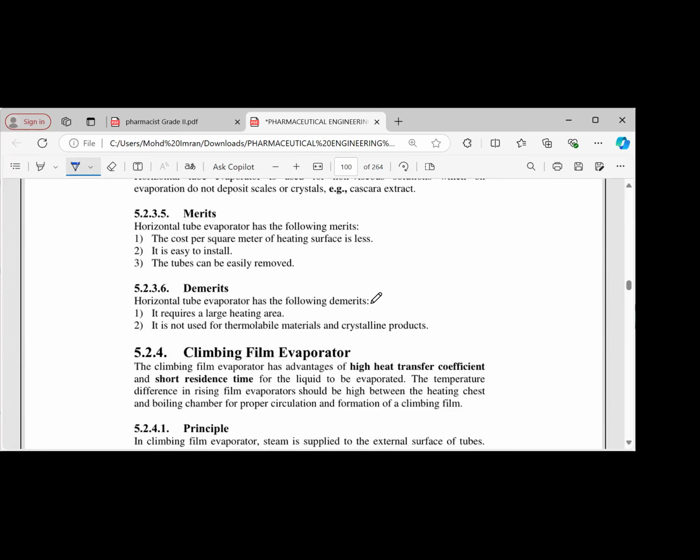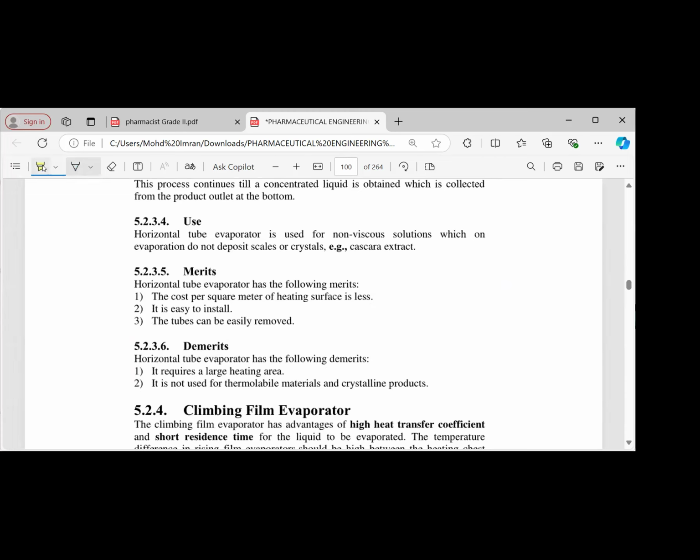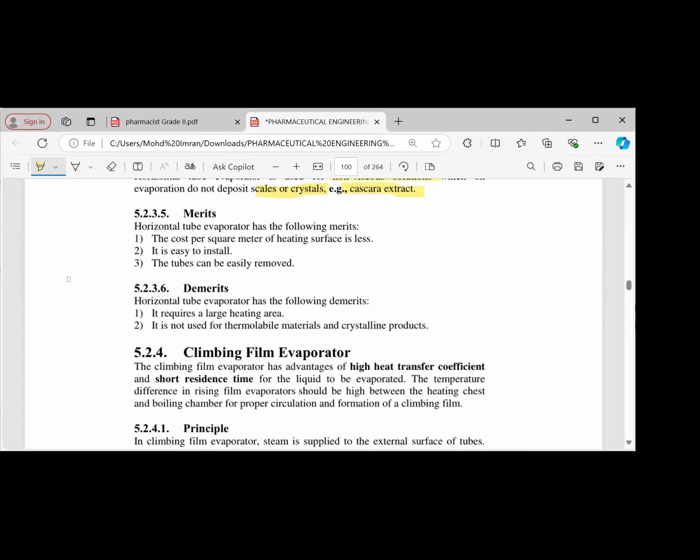Next, there are a lot of merits, demerits and uses. Focus on these a little. Horizontal tube evaporator is used for non-viscous solutions. This is important. It cannot be used for viscous solutions. It is used for evaporations that do not deposit scales and crystals. Example, cascara extract. Merits: cost per square meter of heating is very less.